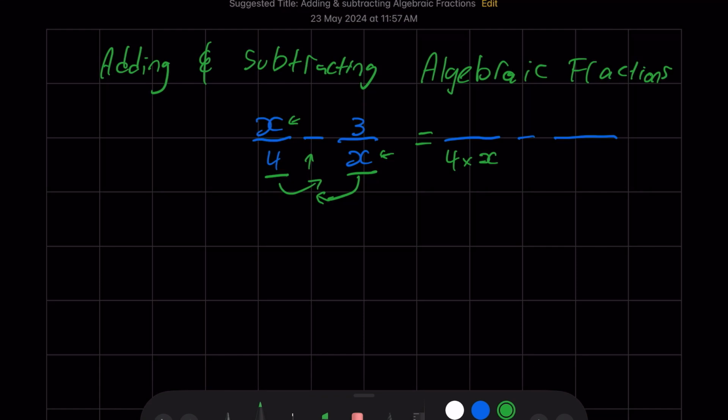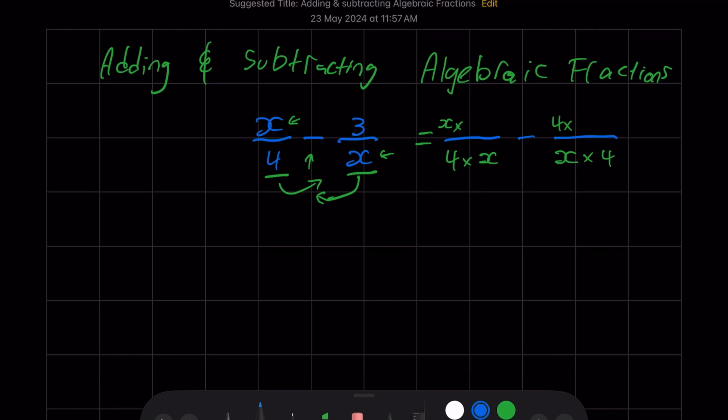And because I've multiplied x down the bottom, I need to multiply x up the top. And then on the bottom of my second fraction, I will also have x times 4, because I've moved my 4 over. And because I've moved my 4 over, I have to multiply it on the top as well. So 4 times.